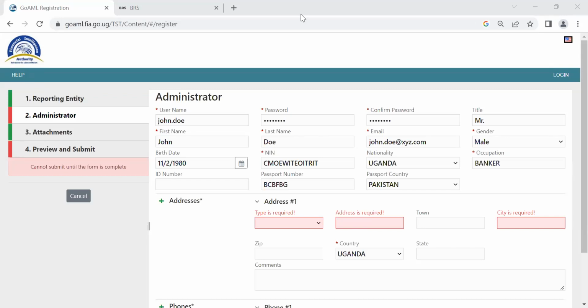Can you use refugee ID for NIN number? No, NIN number is NIN number, refugee ID will be different.